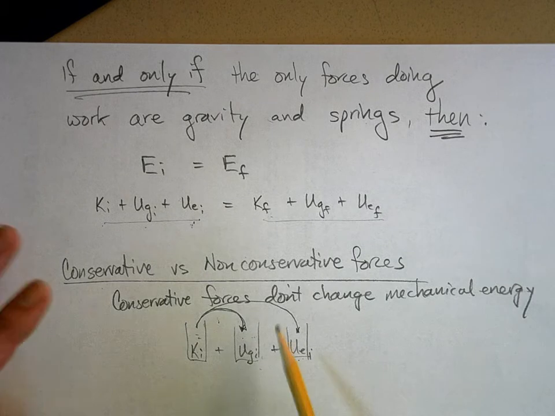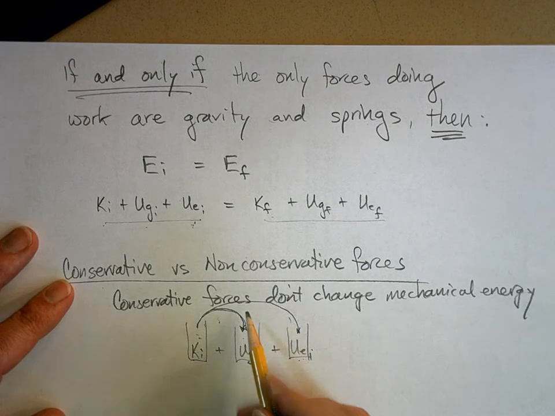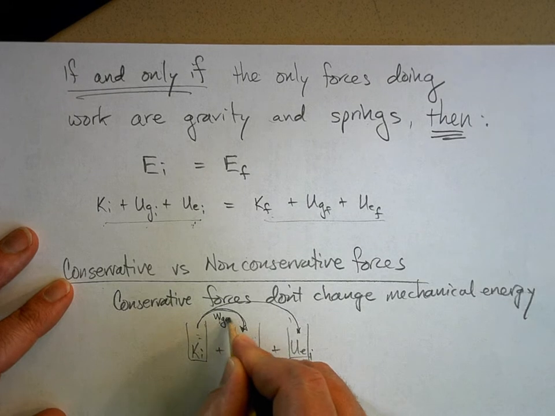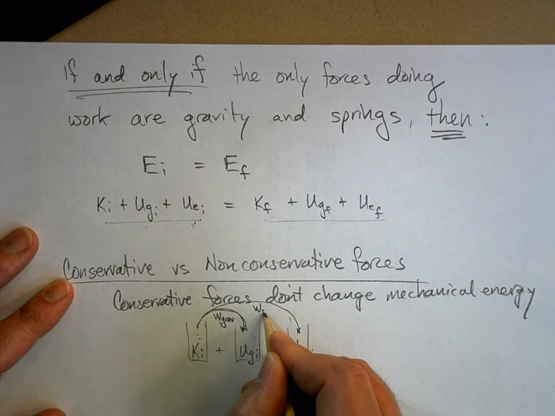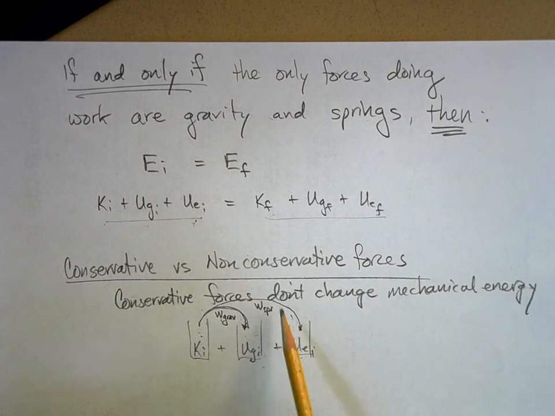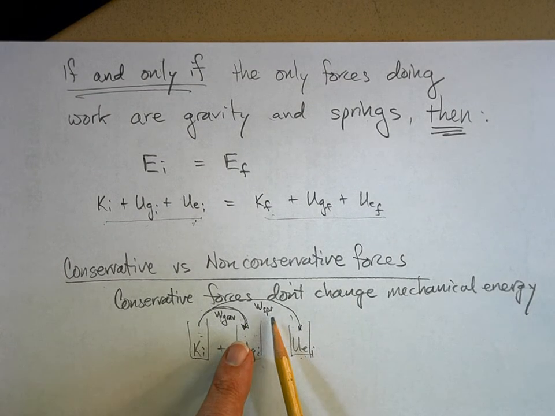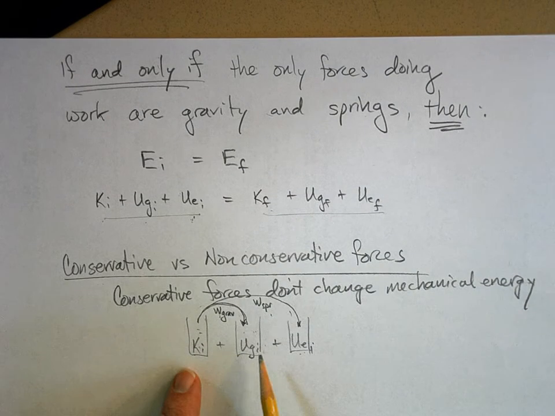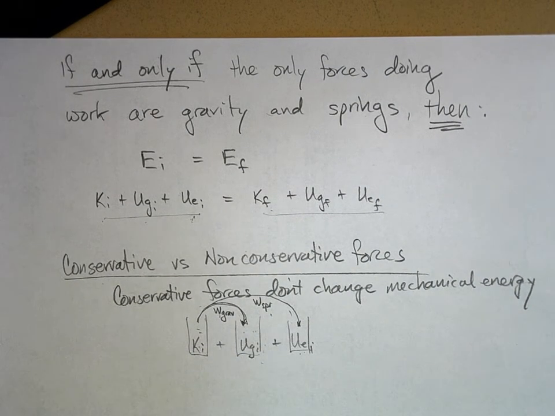So this is the work done by gravity. This is the work done by springs. And all the work done by springs or gravity does is transfer the energy back and forth from kinetic to potential to elastic. But all you're doing is pouring that energy into a different container.